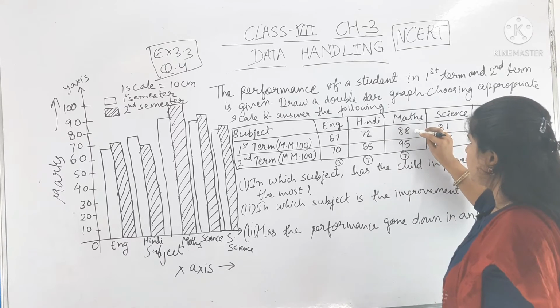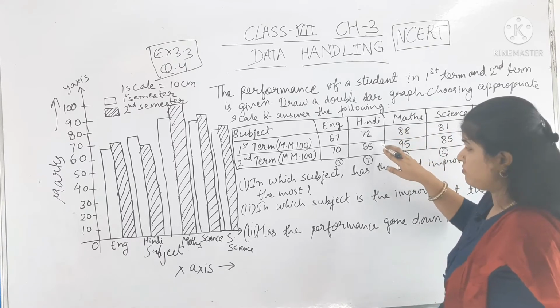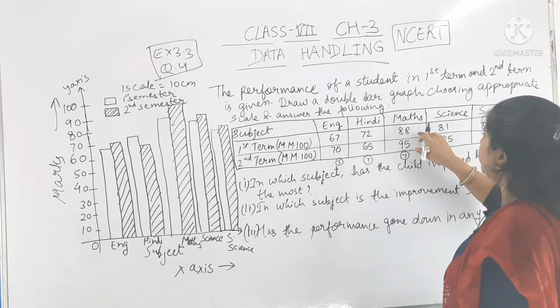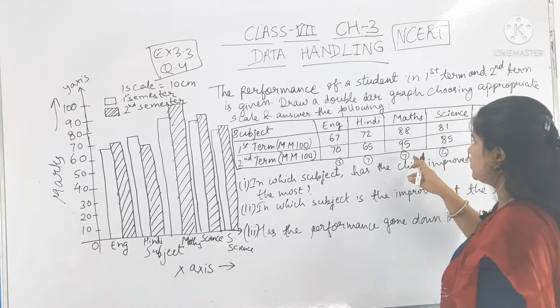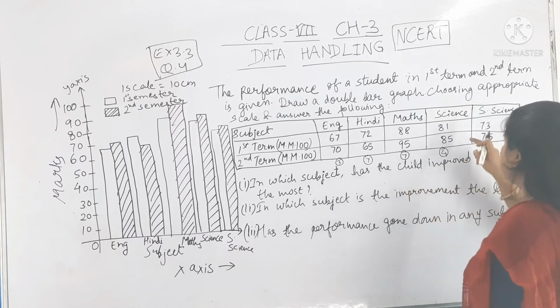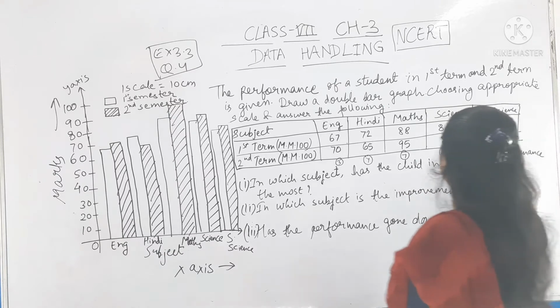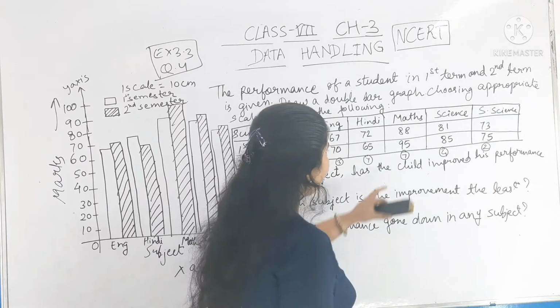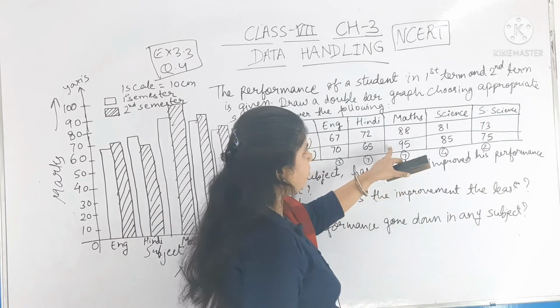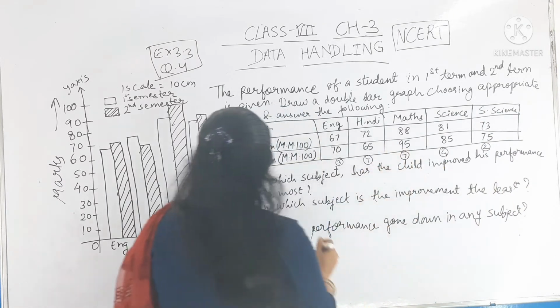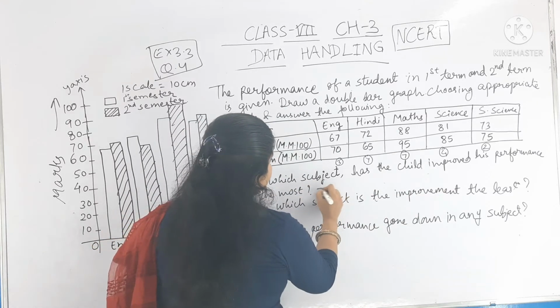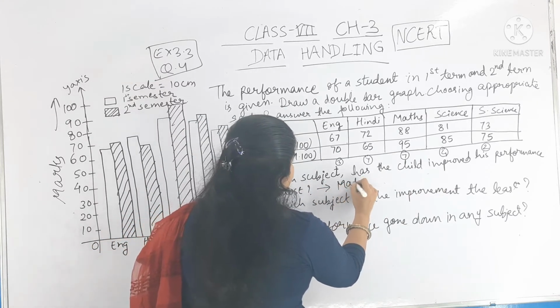Okay, here Hindi is down from 88 to 95. It is more in maths. Here 81, 85 it is less, 73 and 75 is also less. So more improved performance it is in maths. So here your answer is maths.